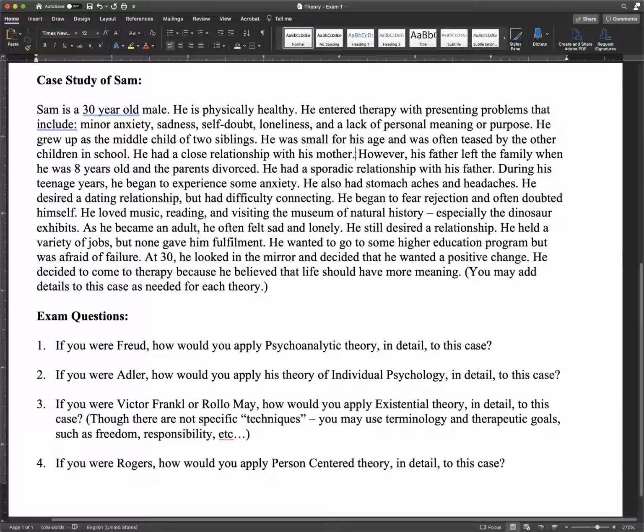So I hope you get the drift of this. I hope you find that this is a meaningful exam, not just something to memorize and answer questions. I hope you gain something from the application of these theories and knowledge. And I hope it gives you some flexibility and creativity.